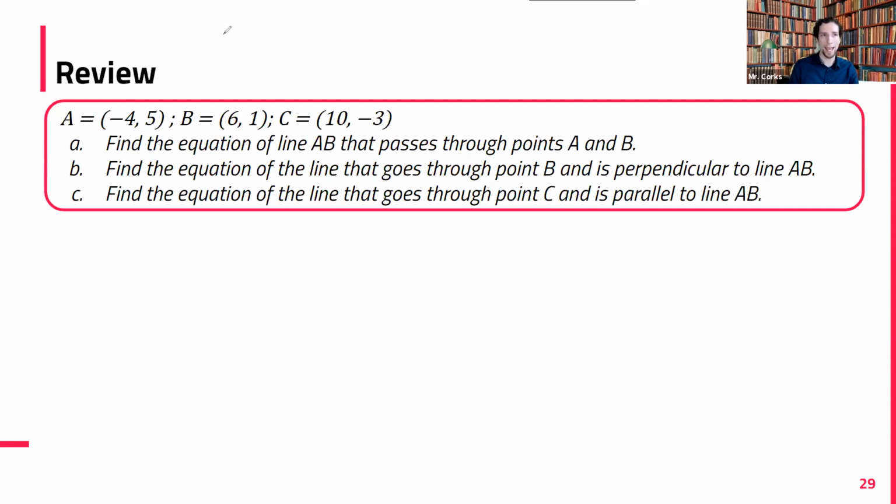For question A, find the equation of a line that goes through points A and B. How can we figure that out? We should use a formula. Any formula? No, tell me specifically.